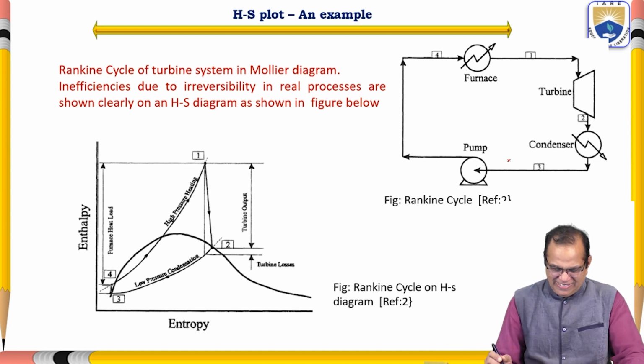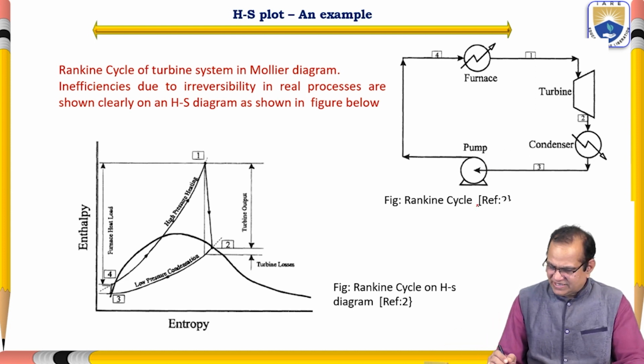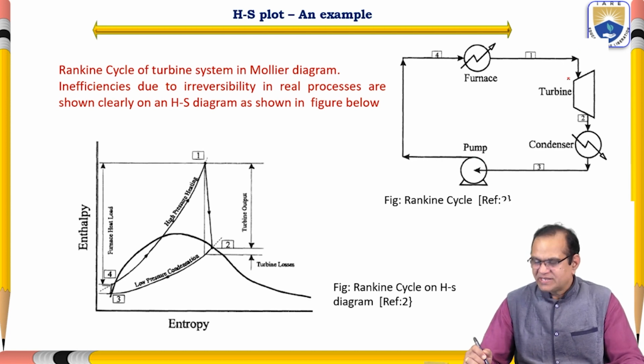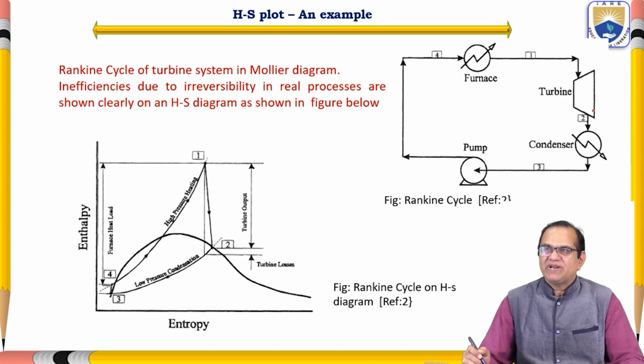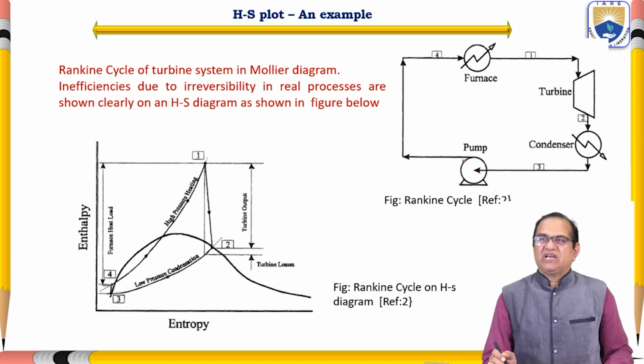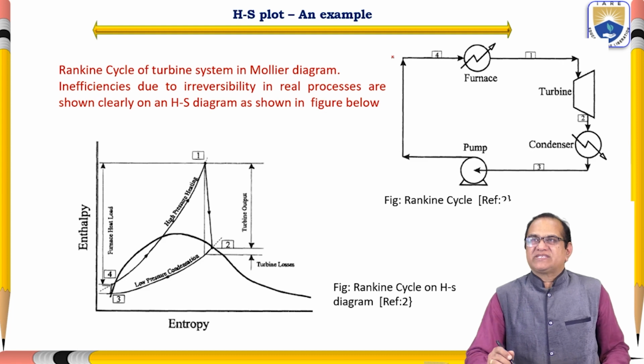Here you can see that 1 to 2 is the turbine, where expansion is taking place. From 2 to 3 it is a condenser, at constant pressure, where heat is removed. Then the pressure is increased in the pump. From here it goes to the furnace, where heat is added.